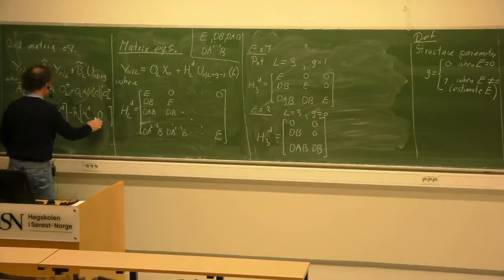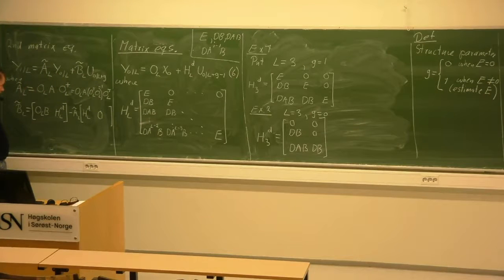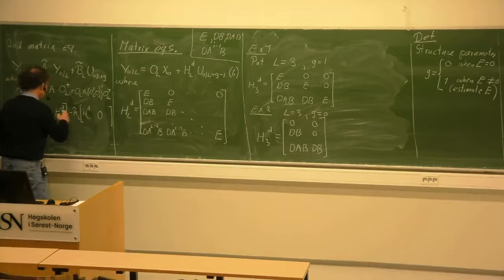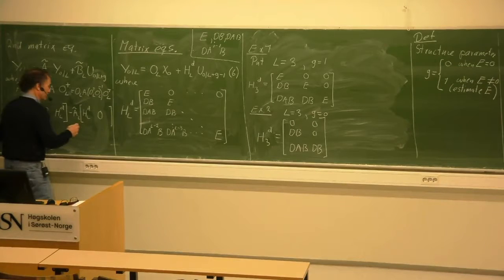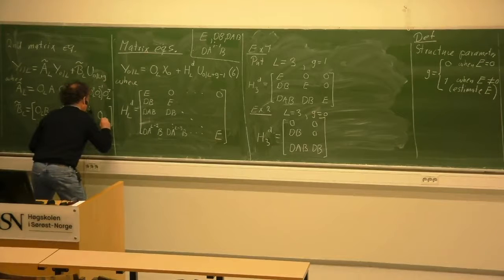You see, this zero matrix at the end here would have the same rows as this one. And remember, the number of rows here is L times M, LM.